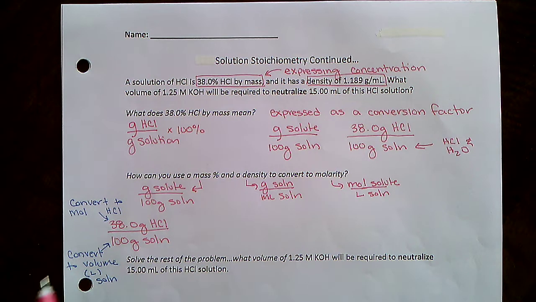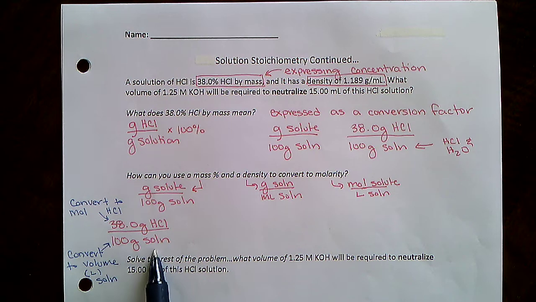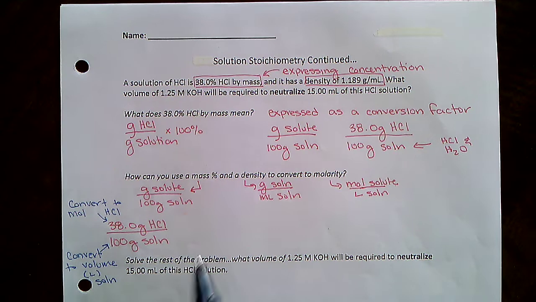You can start with the conversion of grams of HCl to moles or grams of solution to liters of solution. It doesn't matter which one you tackle first. I'm going to take this 100 grams of solution and get us into liters of solution. I'm going to do that work in blue.